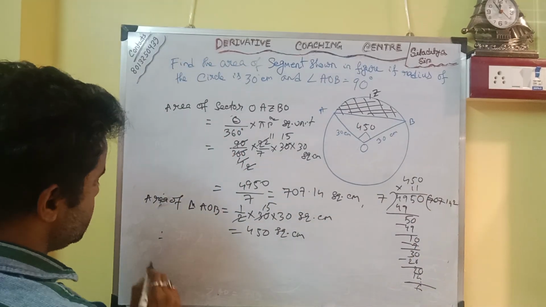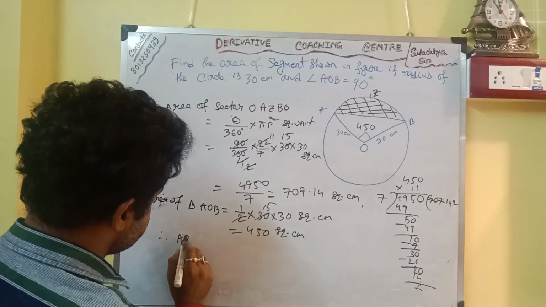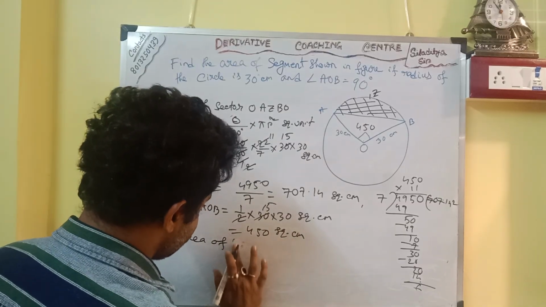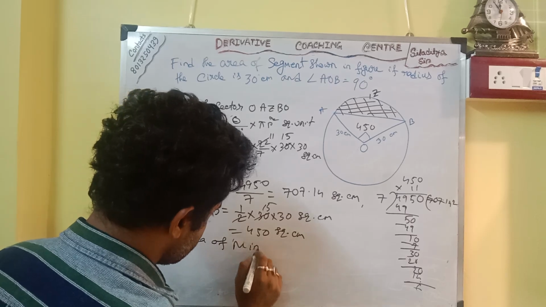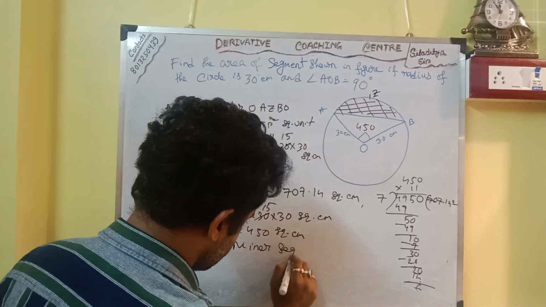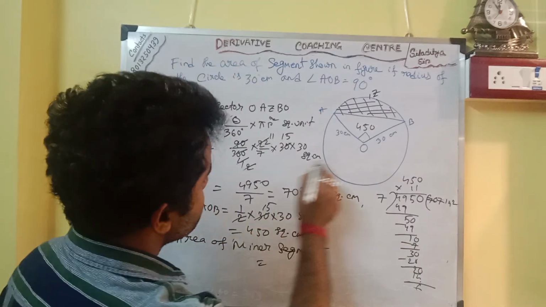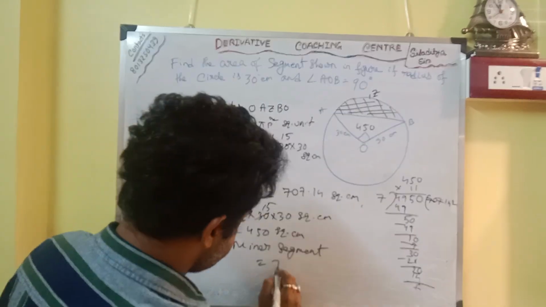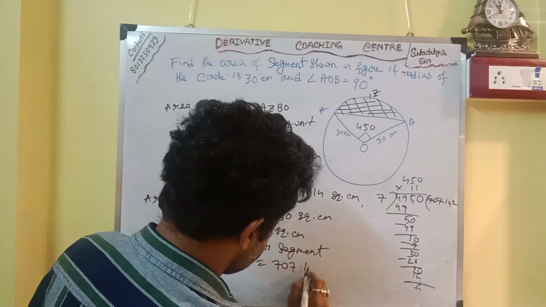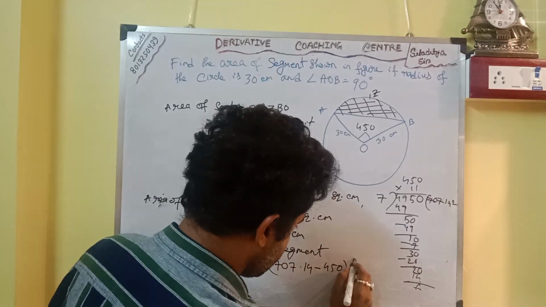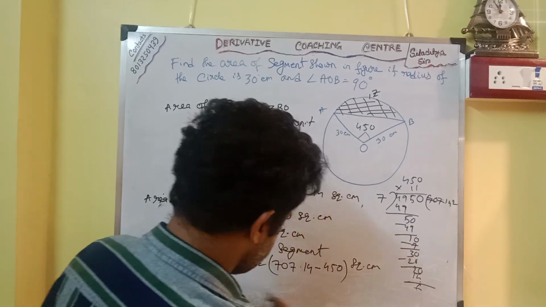So the area of the minor segment is equal to 707.14 minus 450 square centimeter.